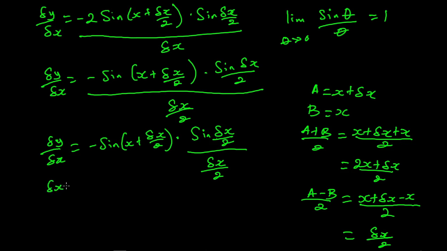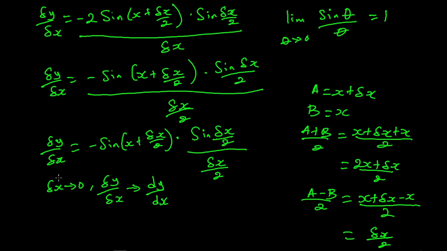Therefore, as delta x tends to 0 in this case, delta y over delta x is going to tend to dy over dx, and sine delta x over 2 divided by delta x over 2 is also going to tend to 1, being that sine theta over theta is equal to 1 as theta tends to 0.